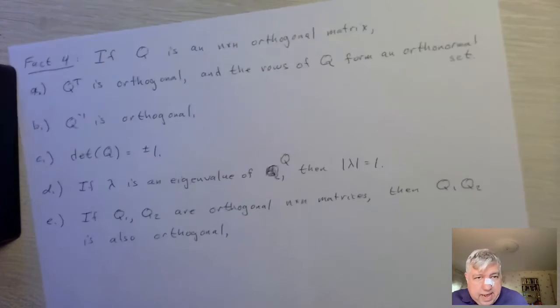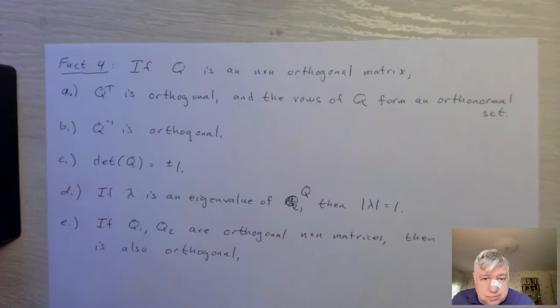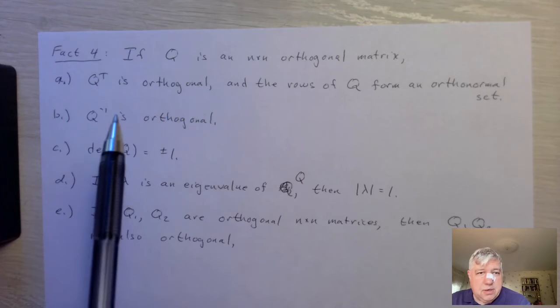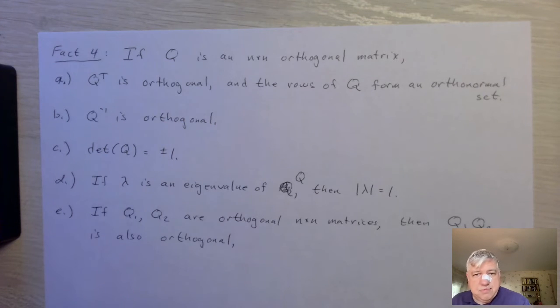Okay, then we have this last result, which says that if Q is an n by n orthogonal matrix, so we're assuming orthogonality from the beginning, we have these results. Let's just prove these one at a time.